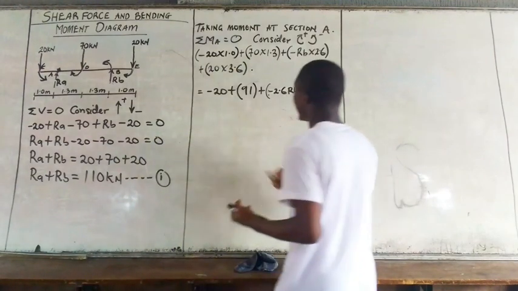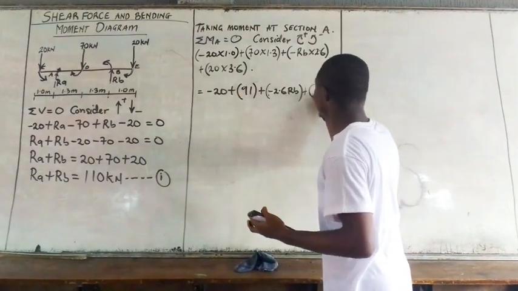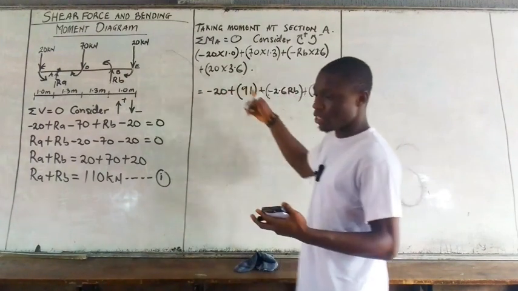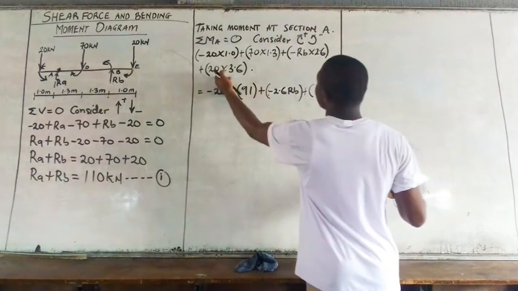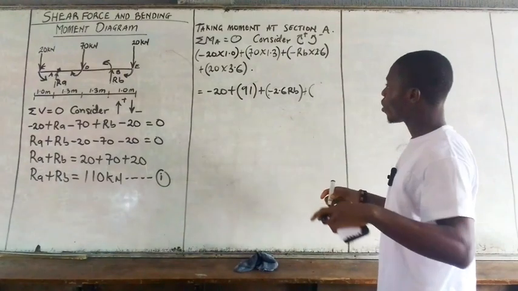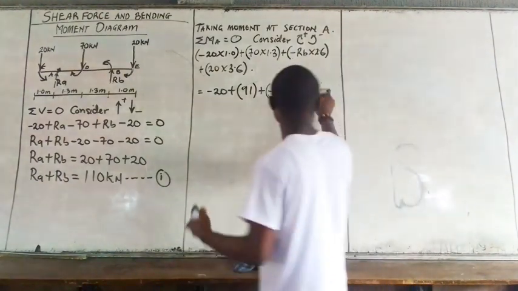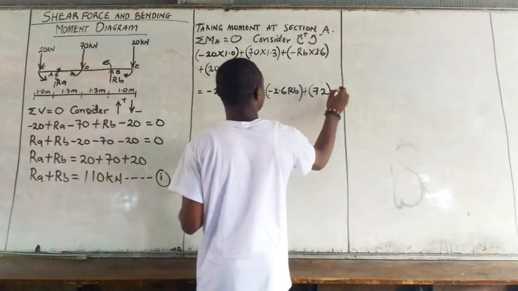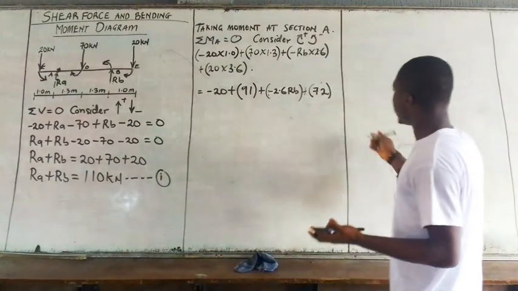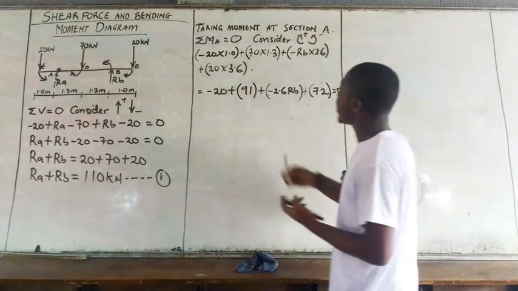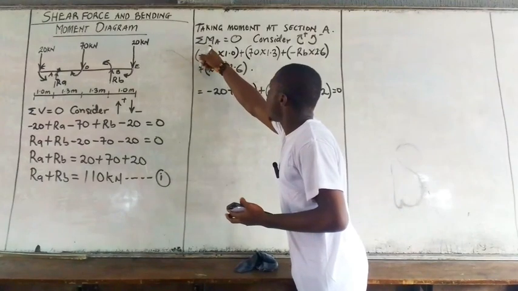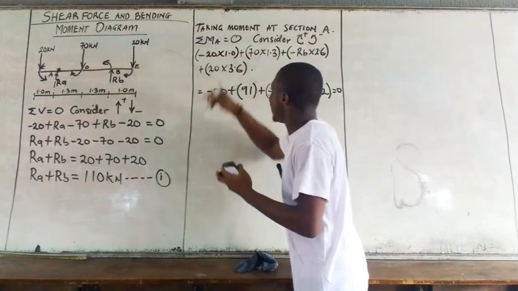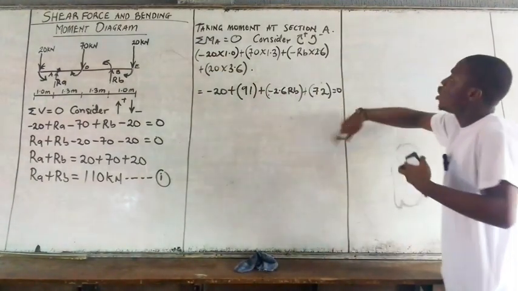That's all. Also I have plus 20 multiplied by this value, 72. I have 72 at this point. That's all, right? So it's equal to 0. Why? Summation of moments at section A is equal to 0.